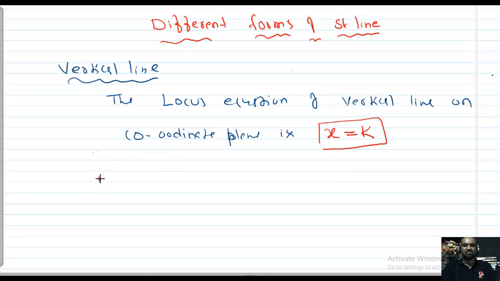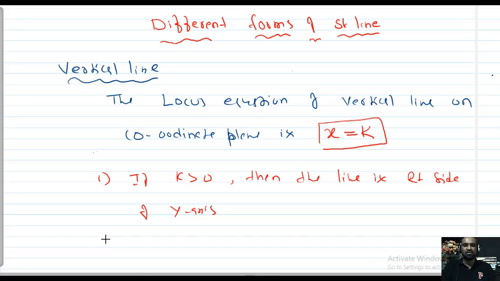First one, if k greater than 0, then the line is on the right hand side of the y-axis. Number 2, if k less than 0, then the line is on the left hand side of the y-axis.